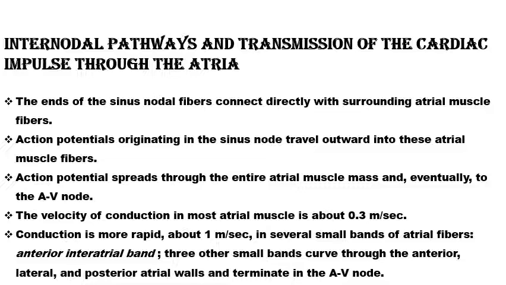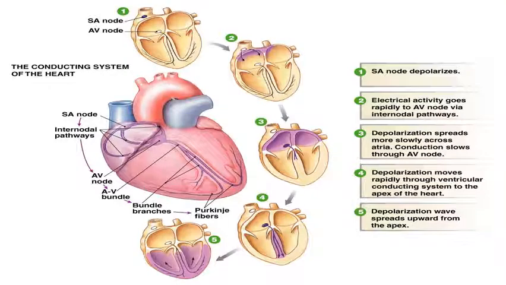Action potential spreads to the entire atrial muscle mass and eventually to the AV node. We have learned already about the conduction velocity of the different parts of the atria and the ventricle.